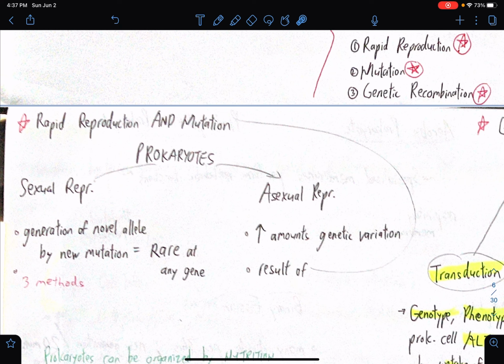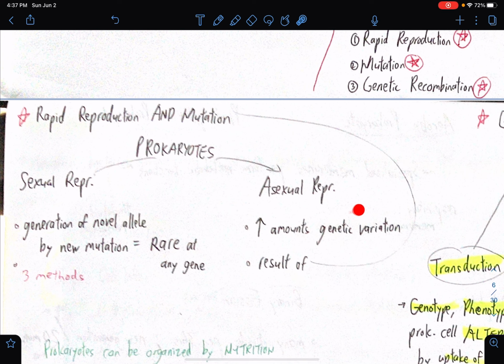We have prokaryotes that reproduce by sexual reproduction, and the other group performs asexual reproduction. For those that perform sexual reproduction, there's a generation of novel alleles by new mutation. This is rare at any gene. There are three methods. For asexual reproduction, there is an increased amount of genetic variation, and this is a result of mutation.